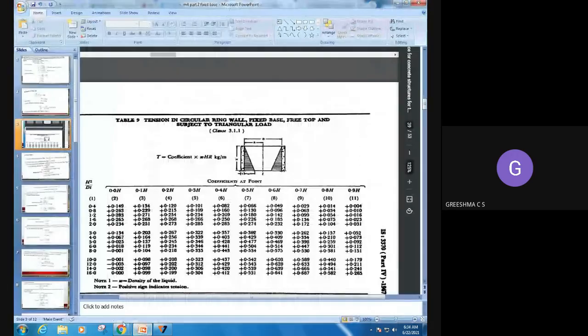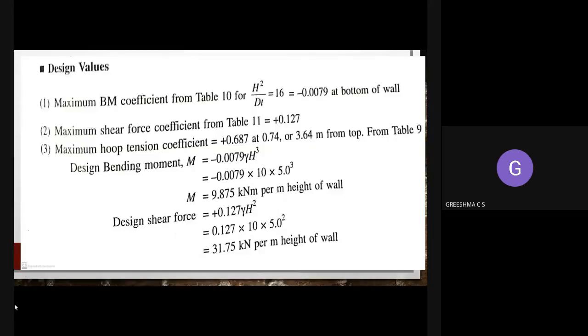Okay, so are you getting my point? See, for example, in the IS code they have given the values like this: 0.1h, 0.2h, 0.3h, 0.4h, which are taken from the top.